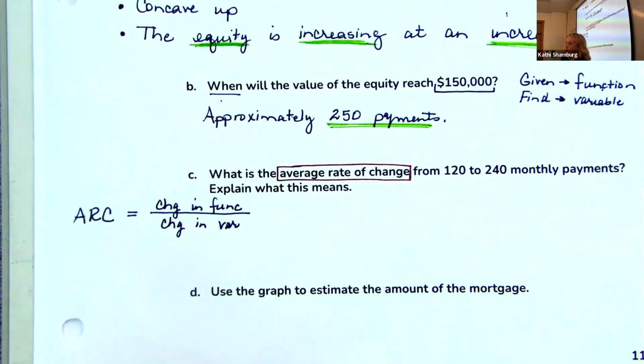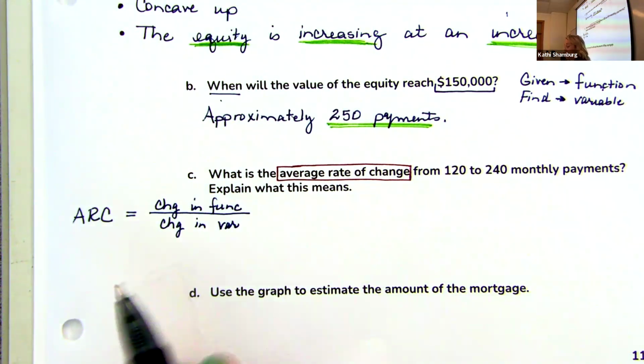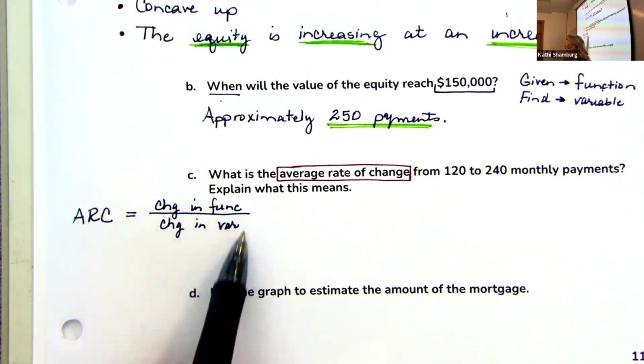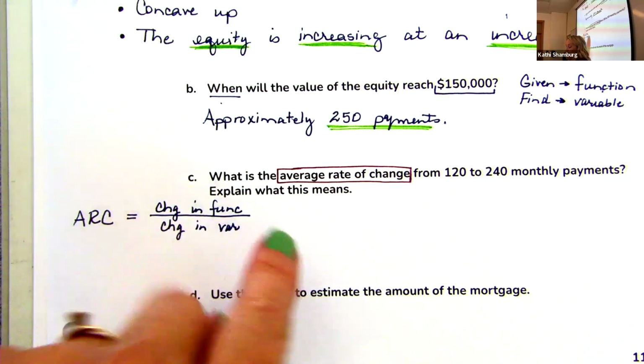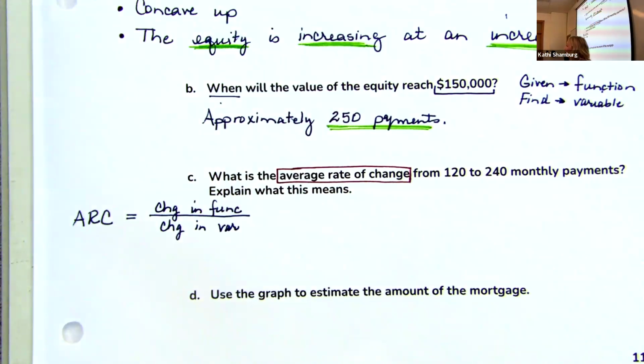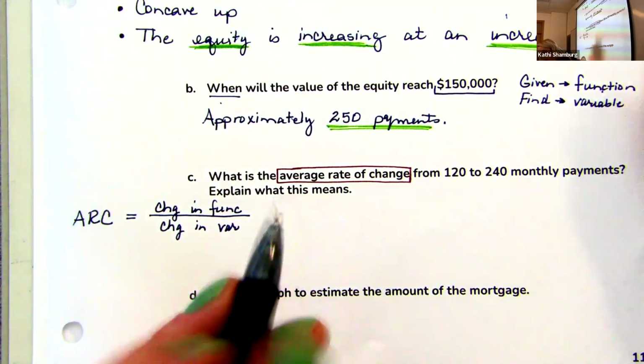Now, y'all, I can tell you right now, I had several, enough for me to remember that on the quiz, who even wrote this, but then when they actually put the numbers, they flipped it. They put the variable on top and the function on bottom. So be very, very, very careful of that, okay?